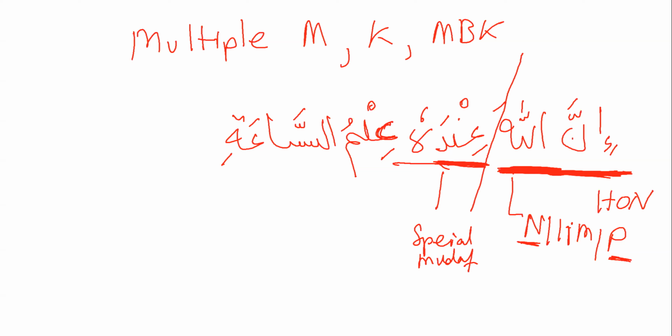So there is a break in the chain here. One bucket has finished, and that was the mubtada, because inna will always be part of the mubtada. Inda is a special mudaf, and hu is an attached pronoun, the mudaf ilayh, so this whole chain is one bucket. Then we have hu and ilm.